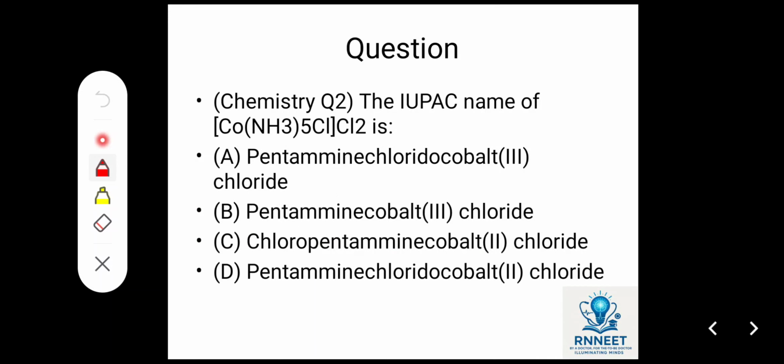The IUPAC name of [Co(NH3)5Cl]Cl2. How do you do this IUPAC name? Now the choices here are pentaamminechloridocobalt(III) chloride, pentaamminecobalt(III) chloride, chloropentaamminecobalt(II) chloride, or pentaamminechloridocobalt(II) chloride.